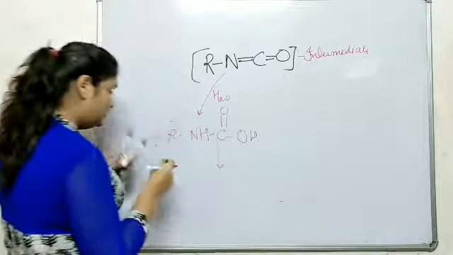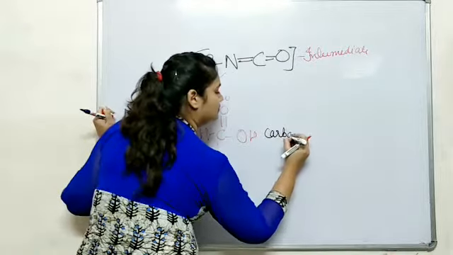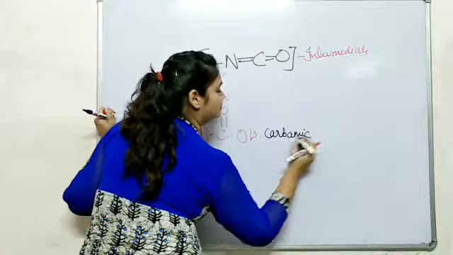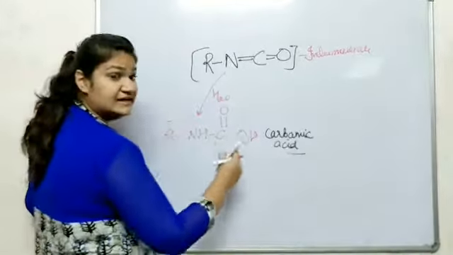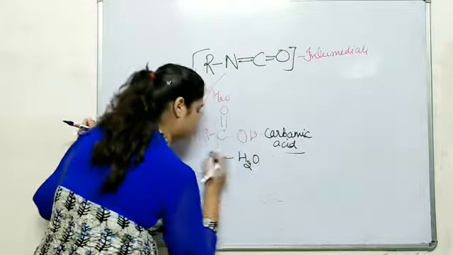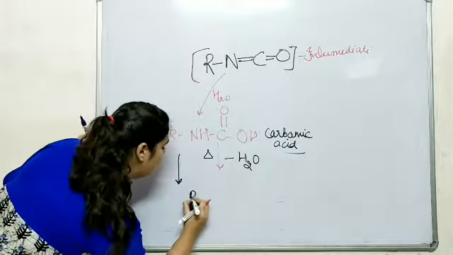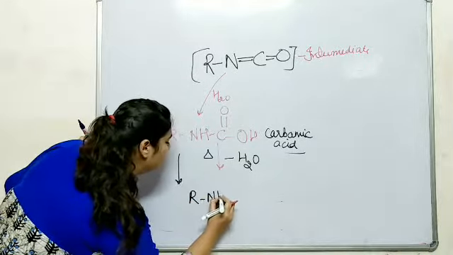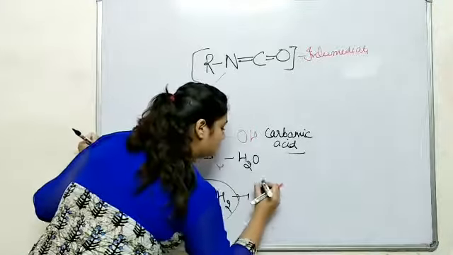This is our carbamic acid, which is highly unstable, so it gets decomposed, that is, removal of CO2 takes place. So we get R NH2, and it is our primary amine.